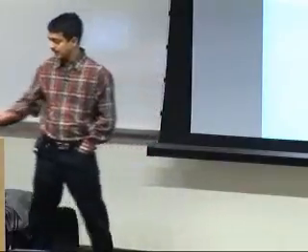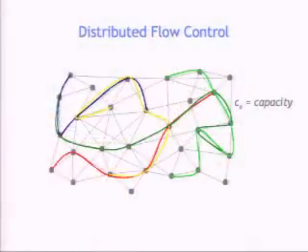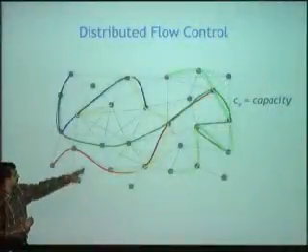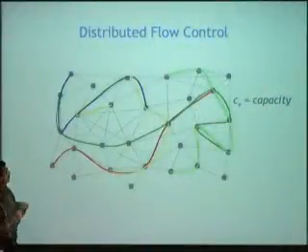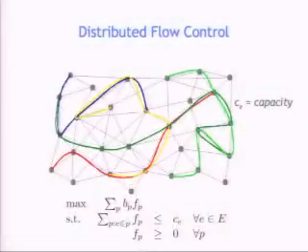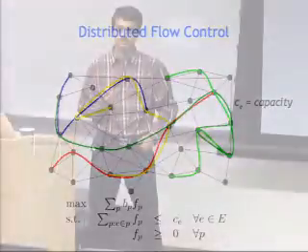You're given a flow network, a graph with edge capacities, and a bunch of commodities where each commodity corresponds to a fixed path in the network. The red commodity wants to flow along this fixed path from this node to that node, the blue commodity wants to flow along the blue path, and so on. Your objective is to maximize the total profit you accrue by routing the flow subject to edge capacity constraints.